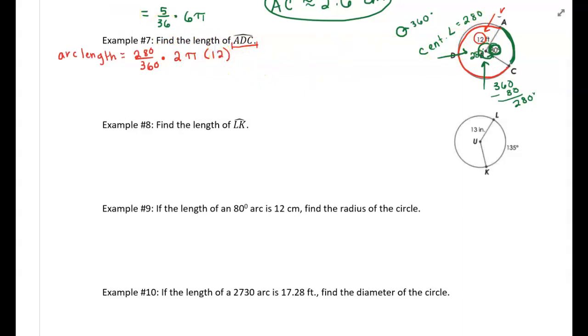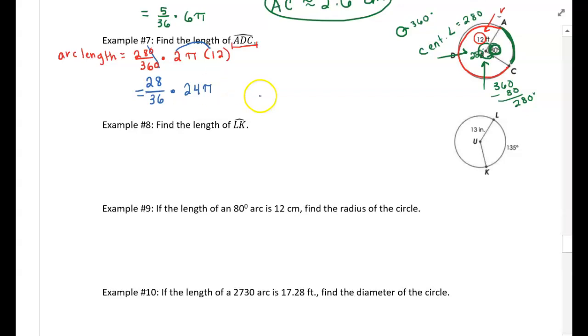Once again, I like to clean it up a little before I put it in my calculator. Those zeros go away, so 28 over 36 times, well, 2 times 12 is 24, so 24 pi. Then I like to put that in my calculator just like that. I know that 28 over 36 reduces more, so if you want to reduce that, go ahead.